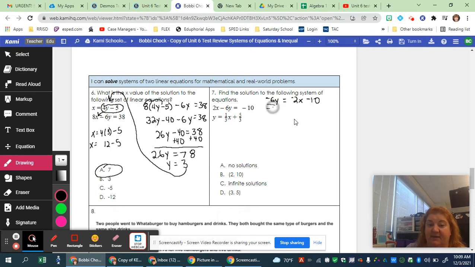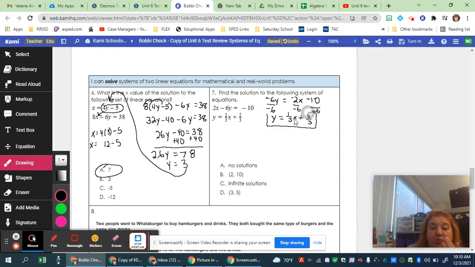And I'm going to divide by negative 6, divide by negative 6, divide by negative 6. And I get y equals 1/3 x plus, that reduces to 5/3. Look at this, guys.